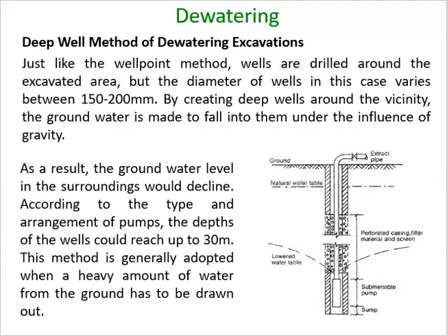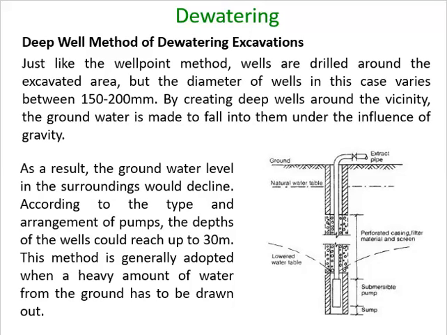Deep well method of dewatering excavations. This method is similar to well point method, but the wells are much wider than well point method. The diameter of wells are between 150 to 200 millimeter, where it is around 50 millimeter in well point method.